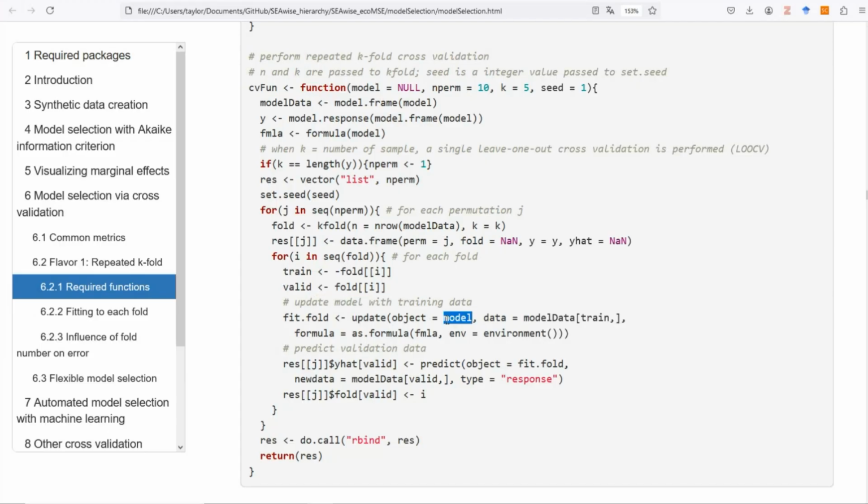It refits the model to this training data set and uses the same formula, of course. And then it predicts the result of this updated fit using the validation data and spits out the response variable. And that's it.